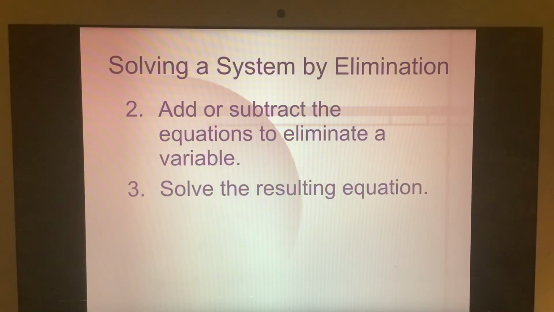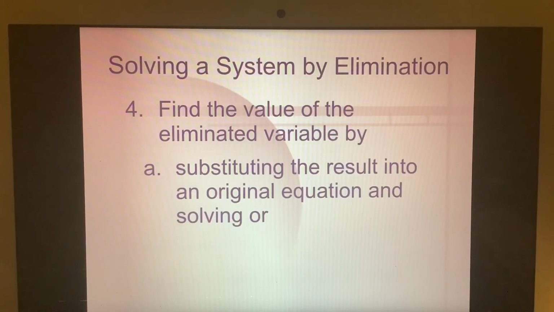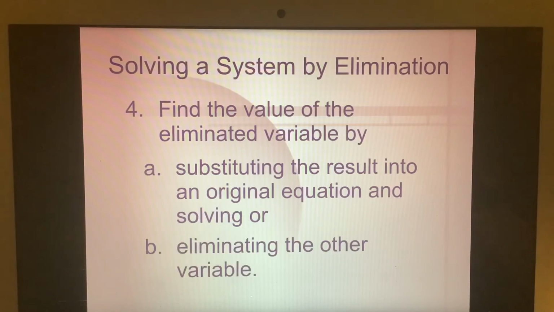Solve the resulting equation. All right, we're going to follow these steps. Find the value of the eliminated variable by substituting the result into an original equation and solving, or eliminating the other variable.